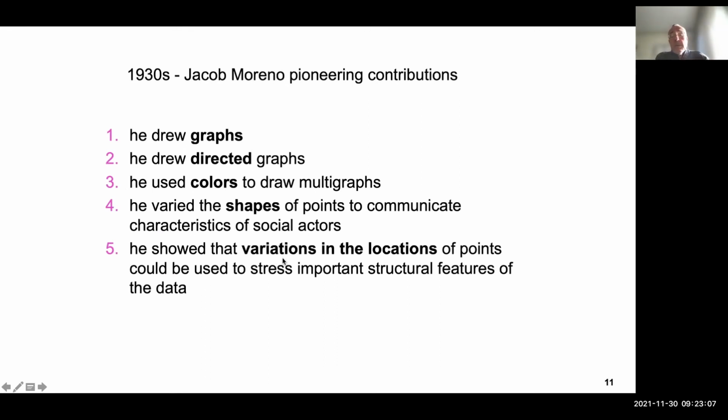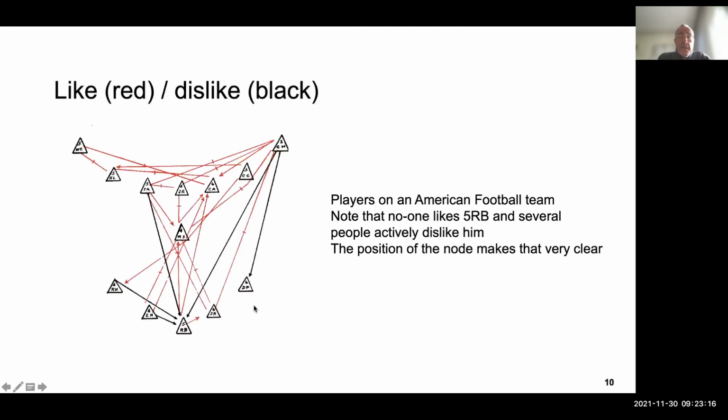And he also put on the table the idea that the location of points, even if they don't alter the structure of the graph, moving this from here to here does not change the graph structure, but makes more confused what here is more evident. All people are disliking him.